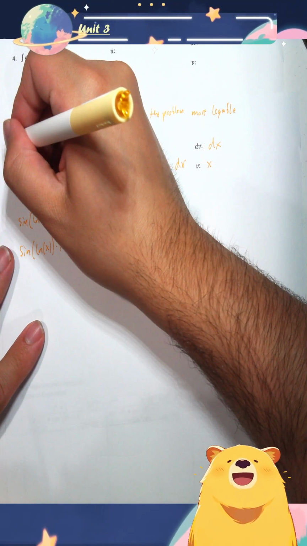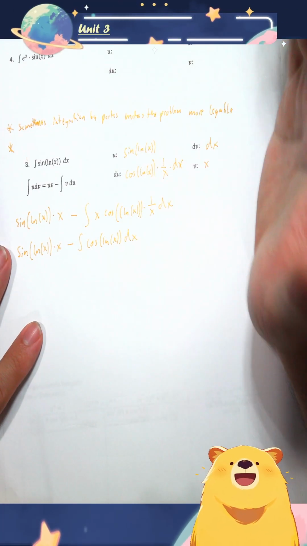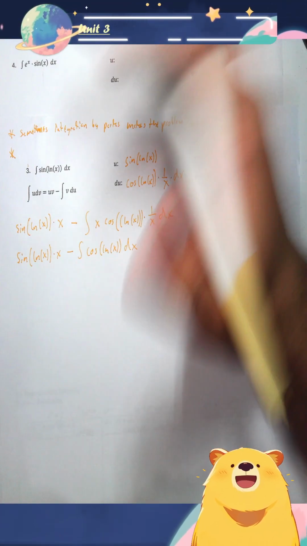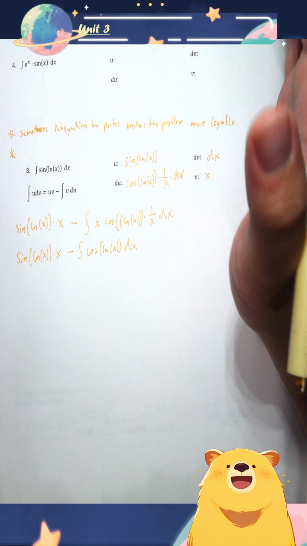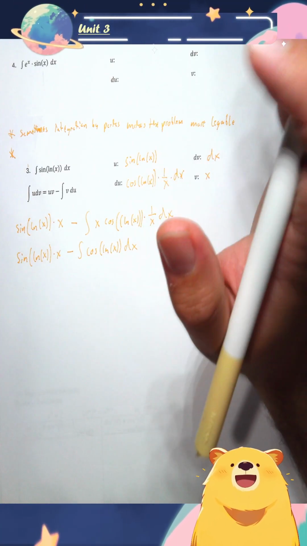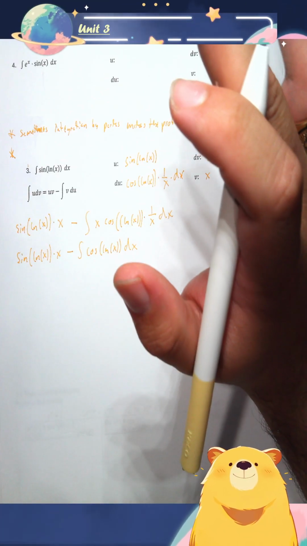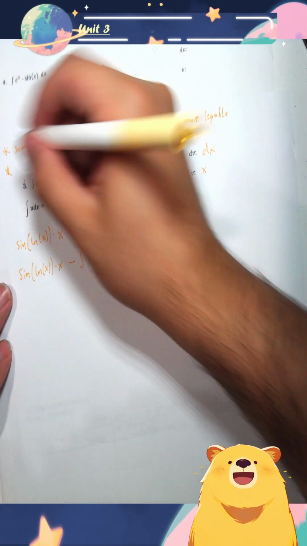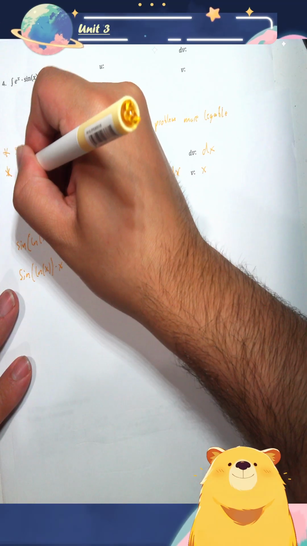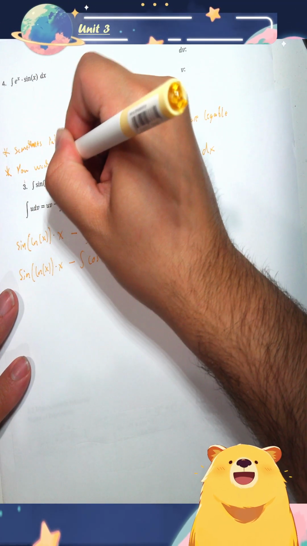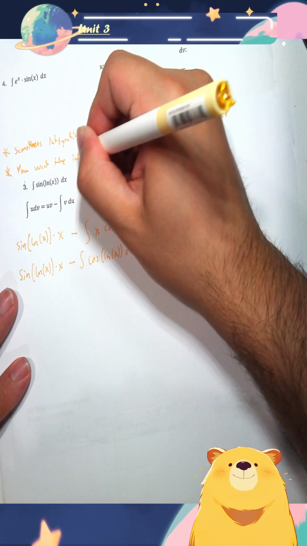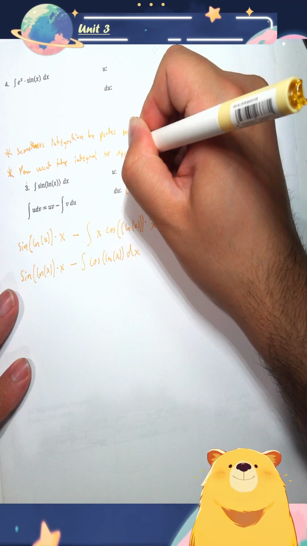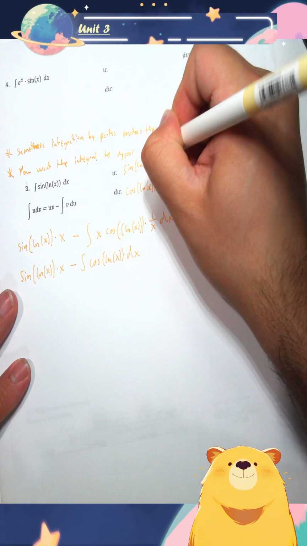Because sometimes what will happen is sometimes integration by parts makes the problems more legible. And that's just true. Sometimes we just want to take a generic integration by parts and see what even happens to begin with. But sometimes we want to take an integration by parts and you want the integral to appear again.